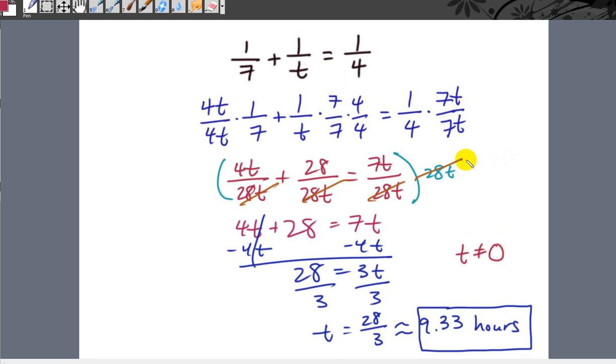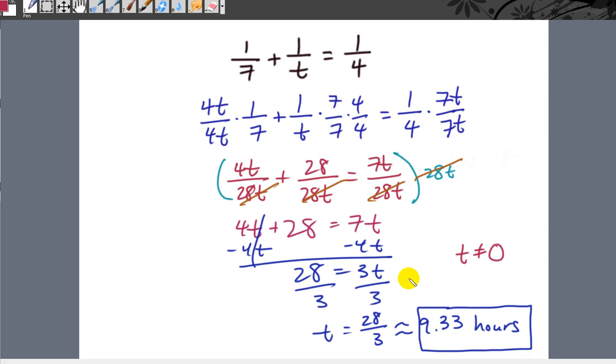Because recall what I mentioned in the other video, if you get a denominator of 0, if you divide by 0, that's something that's undefined. So in this case, 9.33 hours is not the same thing as 0 hours, so that just implies that it's a reasonable answer.